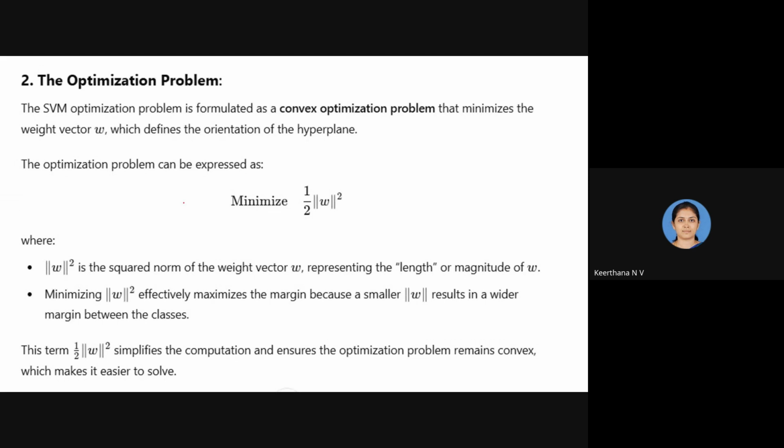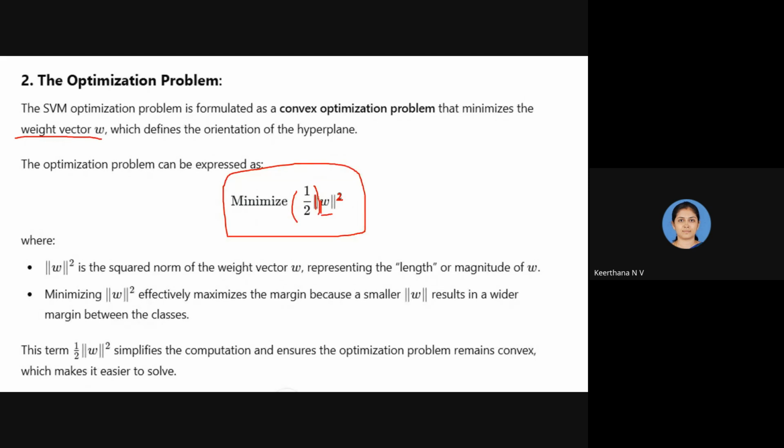It generally minimizes the weight vector, which is represented as W. In the hyperplane, this optimization problem is expressed as minimize half of the squared norm of the weight vector, that is, (1/2)||W||². Here ||W|| represents the length, the magnitude of the weight vector of your hyperplane. So that's why we are minimizing it.